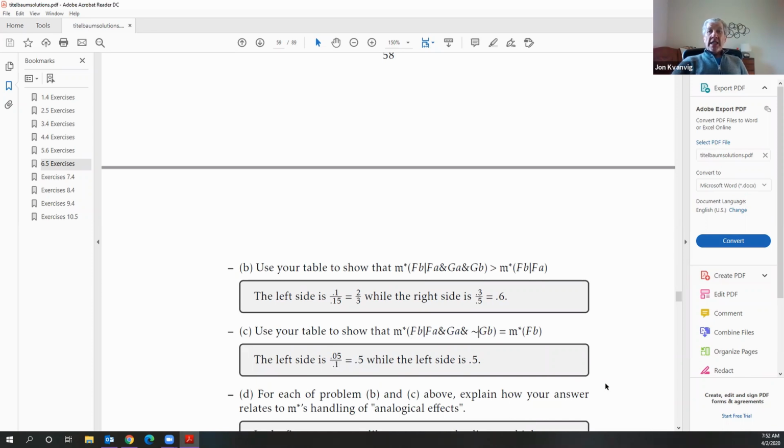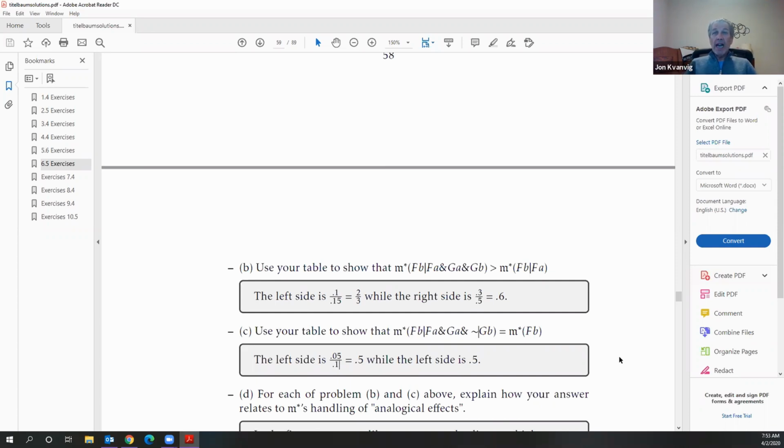Now, problem D asks us to explain how this relates to M star's handling of analogical effects. If you studied inductive logic before the 20th century, what you would have wanted is for a theory to be developed that allowed inductive generalization and inductive prediction, and also sustained arguments from analogy, because we do this regularly.